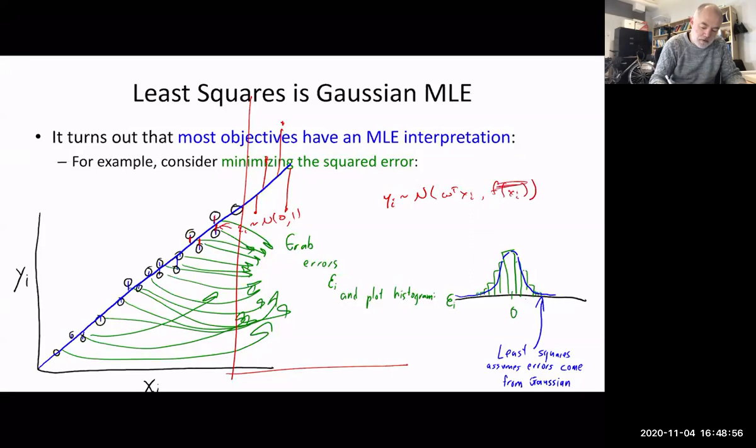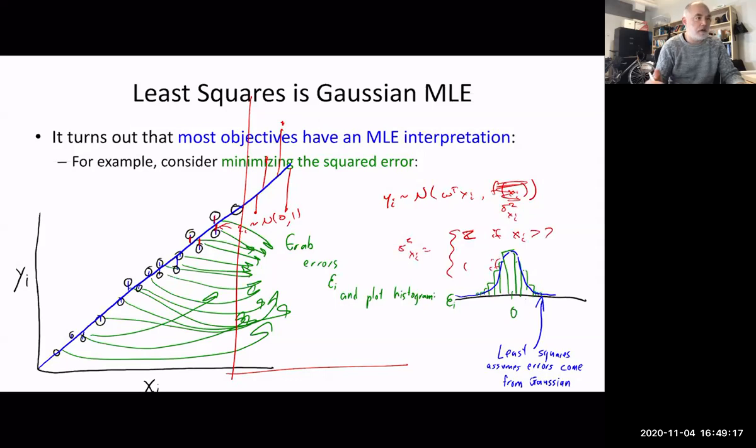Or in particular, you can say sigma squared of xi is equal to 2 if xi is greater than 7, and 1 otherwise.